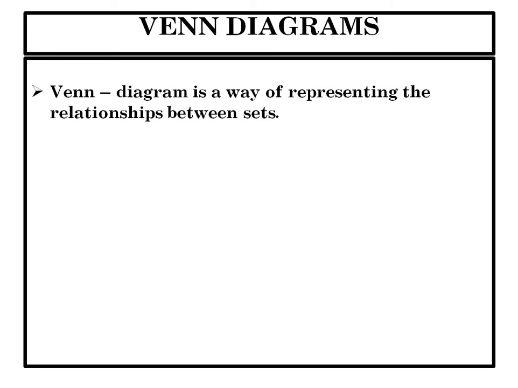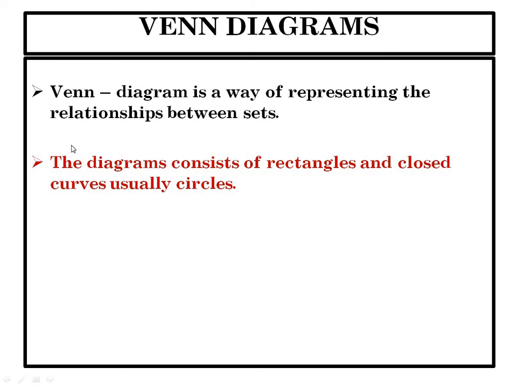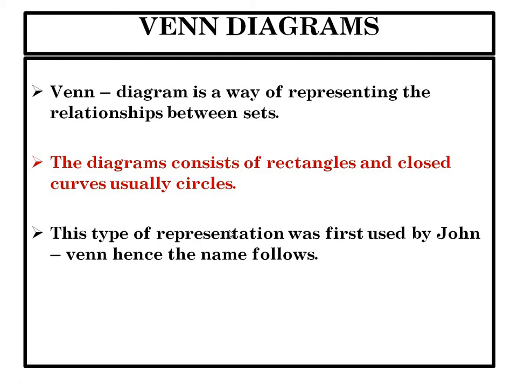A Venn diagram is a way of representing the relationships between sets. The diagrams consist of rectangles and closed curves, usually circles. This type of representation was first used by John Venn, hence the name.